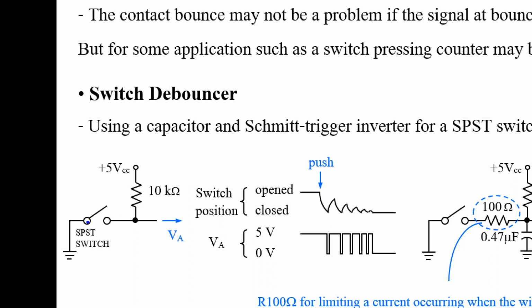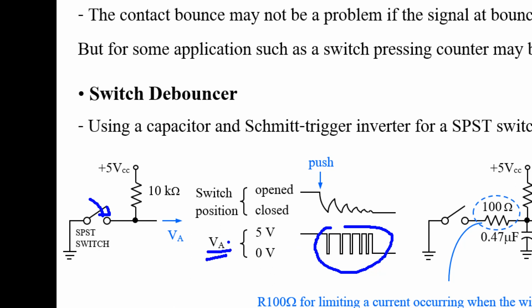But when it bounces or separates, even a little distance, VA becomes 5 volt again, and when the contacts touch together, VA becomes 0 again. So when you switch one time, there are many pulses.